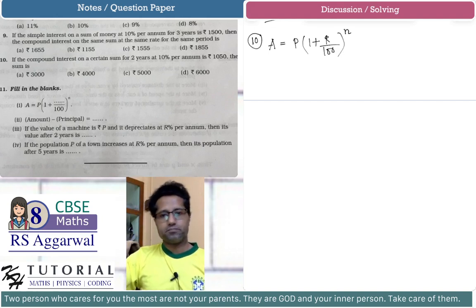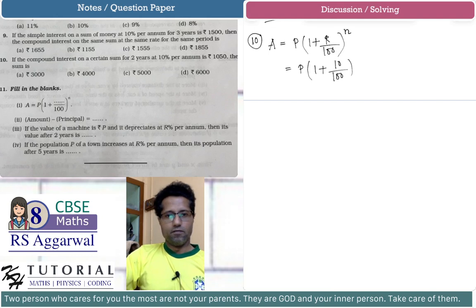Now, if the compound interest on a certain sum for 2 years at 10% per annum is 1050, okay, so this is on a certain sum, at what rate percent? It is 10. For how many years? For 2 years, so n is 2.